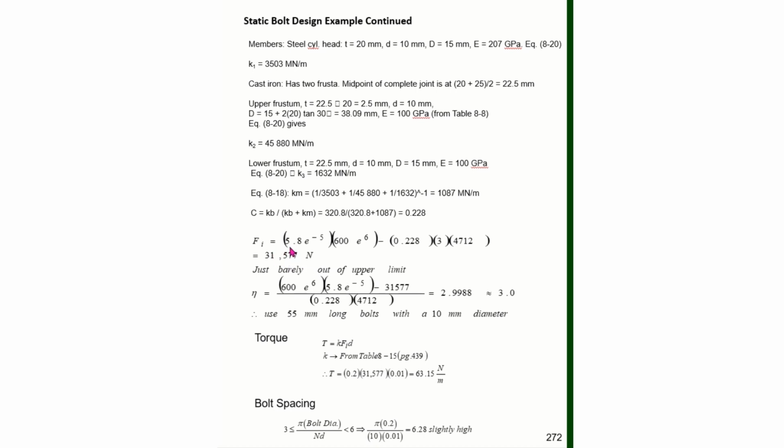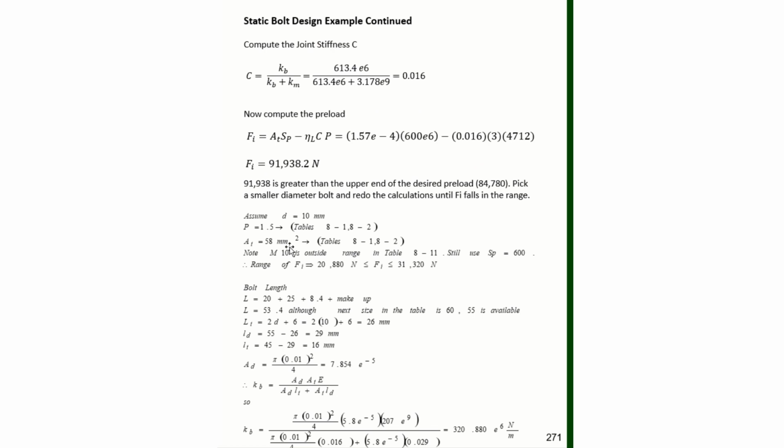If we wanted to make sure that these bolts would carry the load, we would use this 10 millimeter diameter bolt. So it's important to note that when you pick a new bolt diameter, you have to do the entire process again, including computing a new preload range.